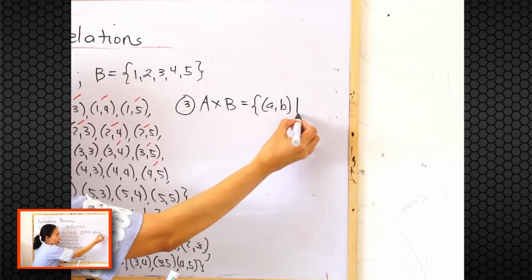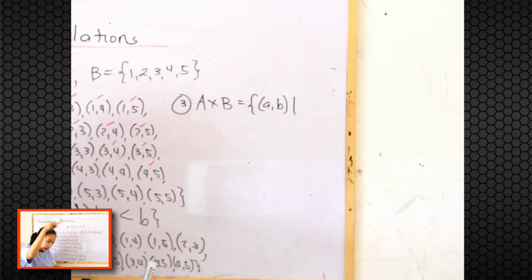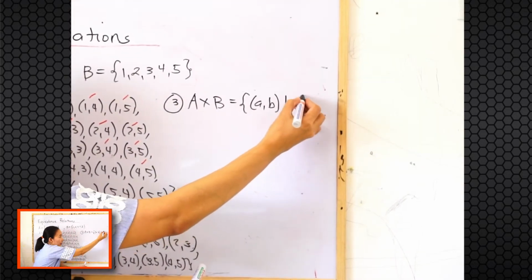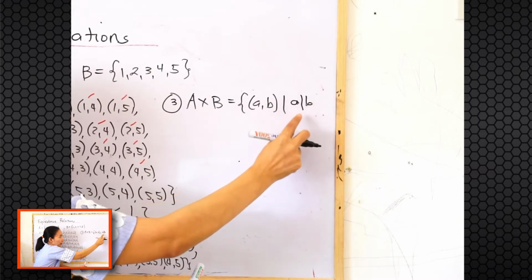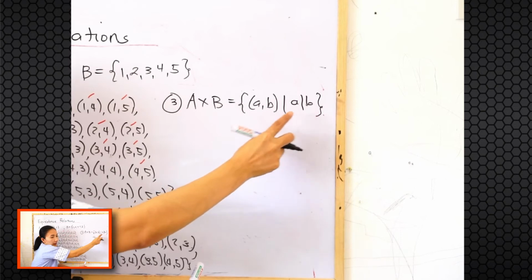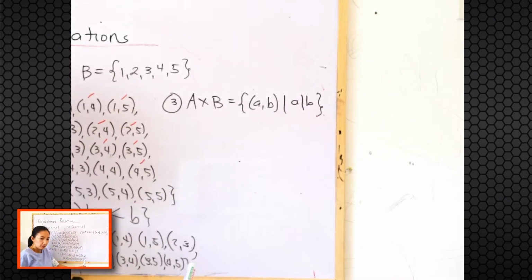Can you see this? That is read as such that A divides B, from your number theory. Can you identify all the elements of this relation?